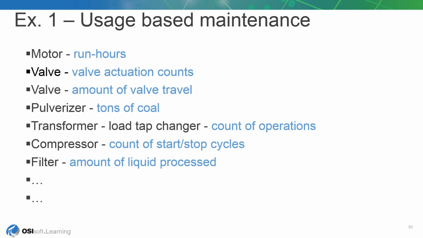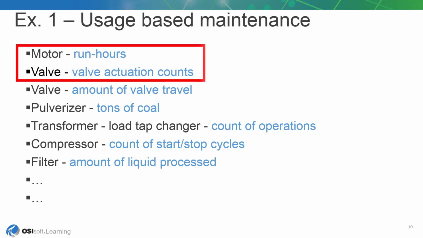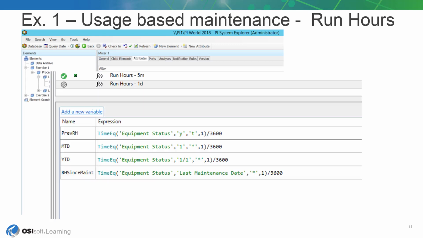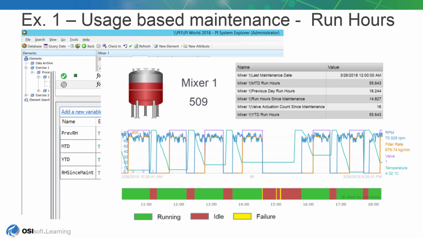Now, coming to the actual exercises, there are several examples where you can implement usage-based logic. We will illustrate with the top two. This shows where you start, the calculations, the PI Vision screens, and the final output.